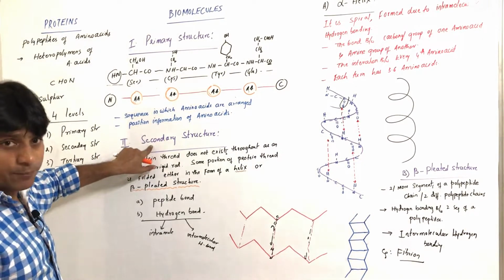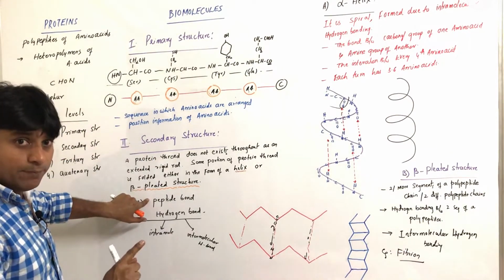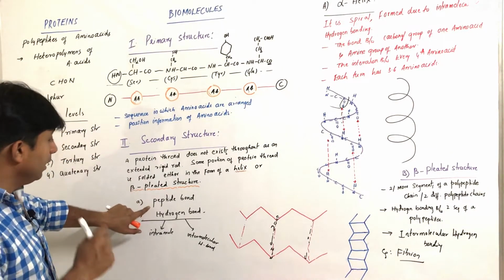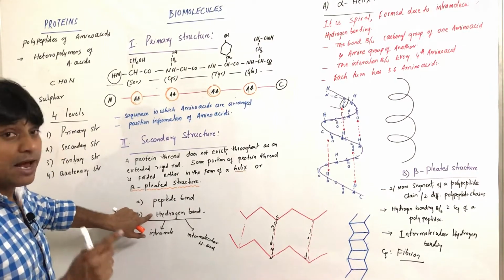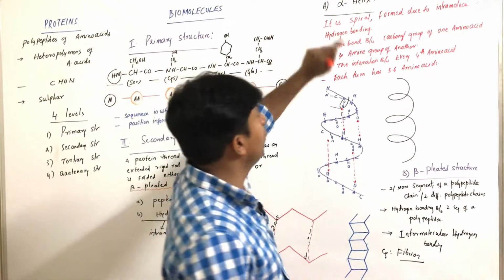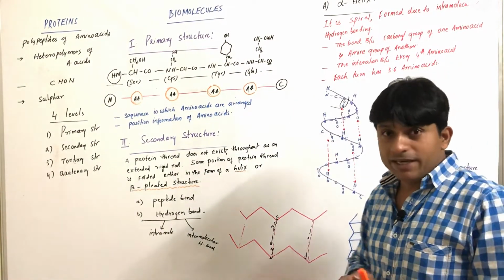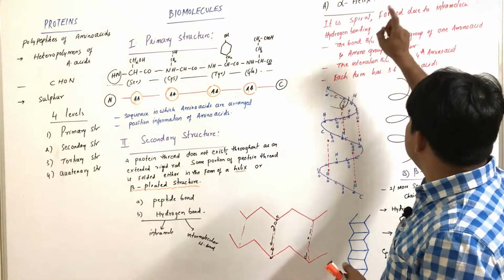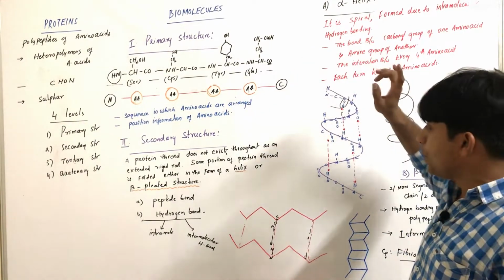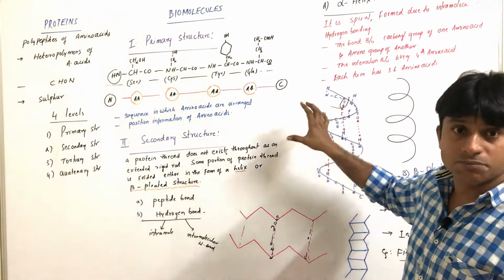So the secondary structure of a protein molecule can have 2 types of bonds. One is the peptide bond, which is the strongest bond. In addition to this, hydrogen bonding can also be seen, right? So first is your alpha helix. What is it? The alpha helix of a protein is a spiral which is formed due to intramolecular hydrogen bonding.